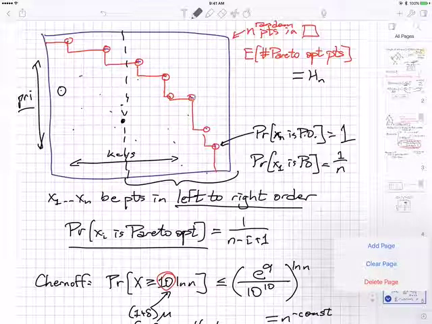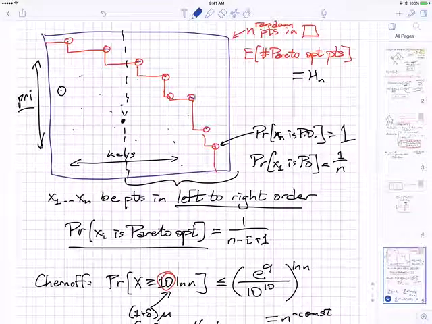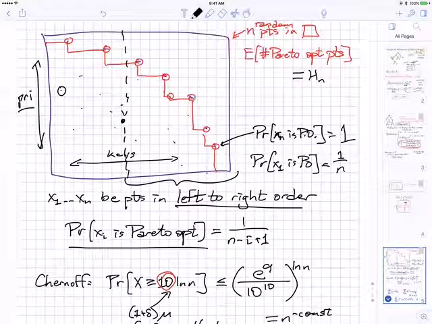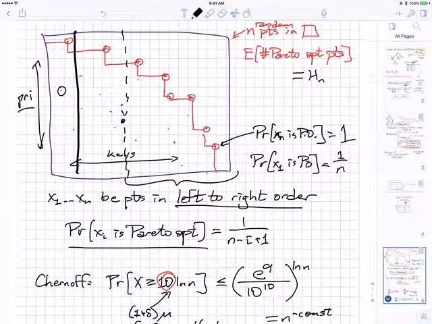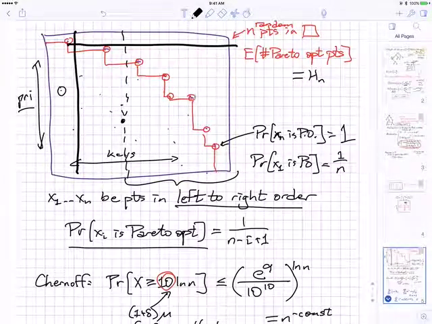Nothing. That they need to be lower in height than this point? Well, but I've told you that they're lower in height. So all that means is that the points further to the left happen to be below, which means I've got n minus 1 points in this smaller rectangle uniformly distributed.